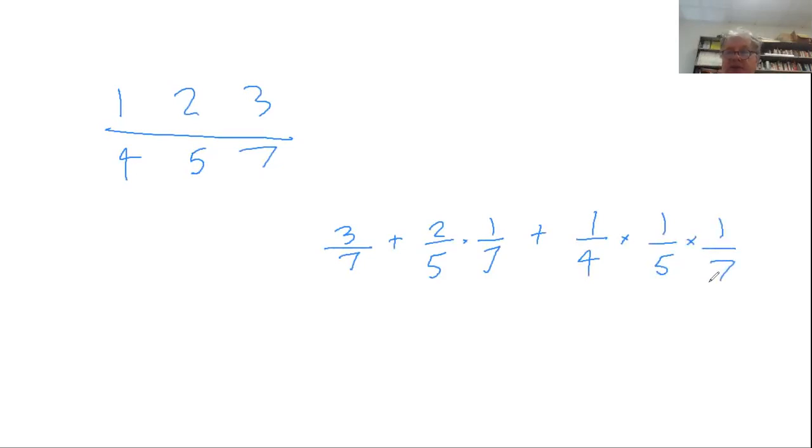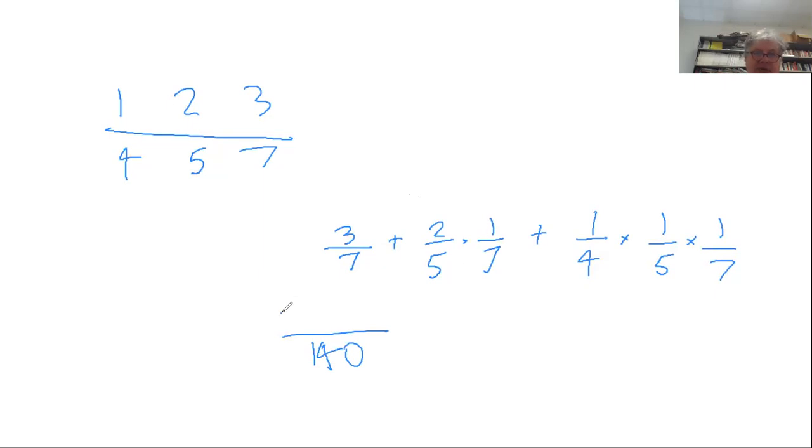It's just an exercise in finding a common denominator, which is all the numbers on the bottom multiplied by each other, and that's going to be 140. For the 3/7, you multiply the 3 by 4 by 5.